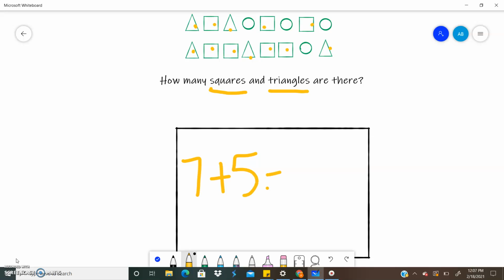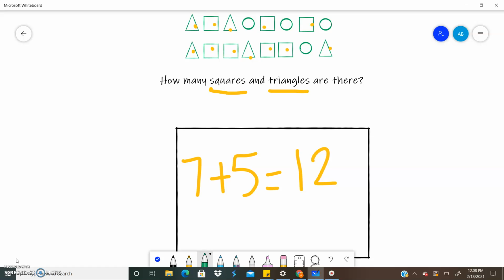What is 7 plus 5? Right, it's 12. Now, we knew that one so fast because we just added 7 plus 4, and we knew that was 11. And then we know that 5 is one more than 4. So if we add 1 to 11, we get 12. We also could have done touch math if we didn't remember that last problem. So we're going to say 7 and then put a dot for every time we count.